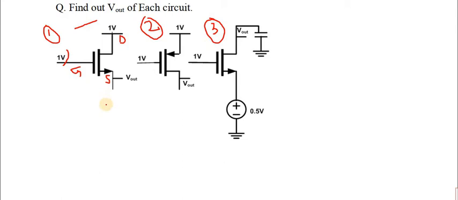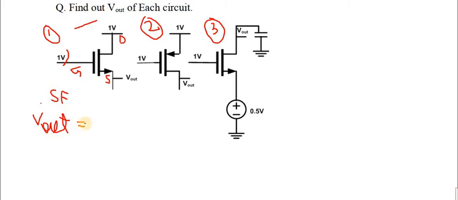You need not give the exact answer, but you should have the conceptual answer. So this first circuit is nothing but the source follower, and what a source follower does is it follows the input. So as an approximate answer you can say that it is a source follower and V out will follow the V in.